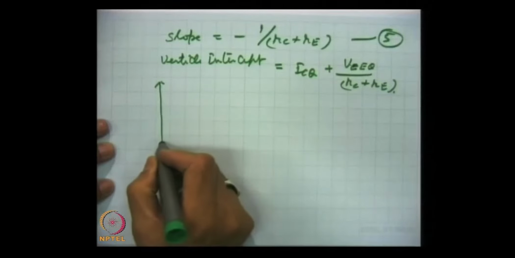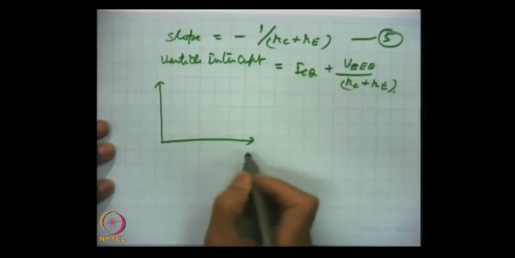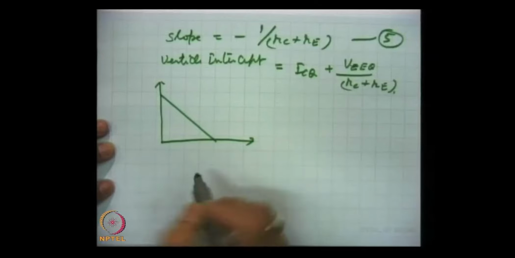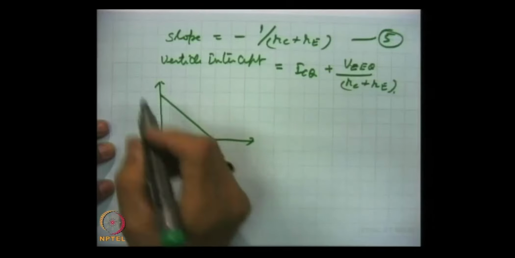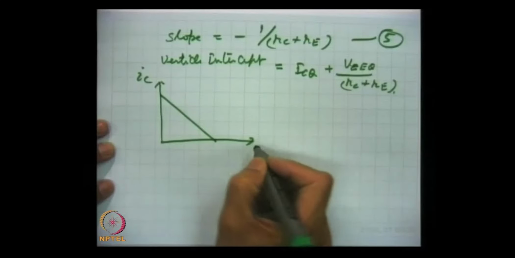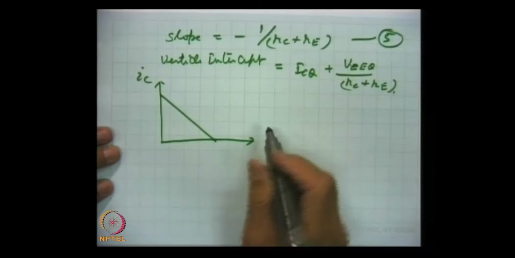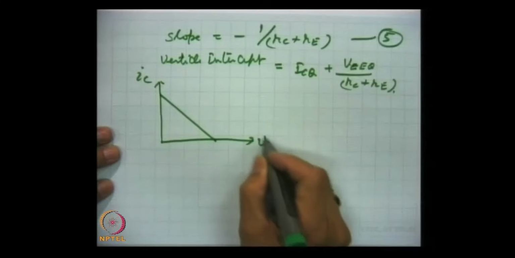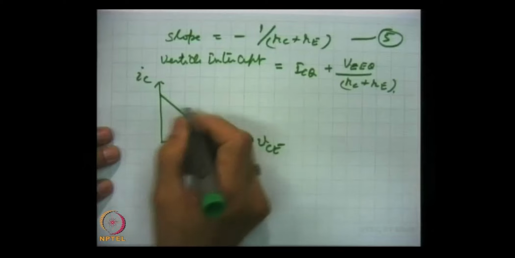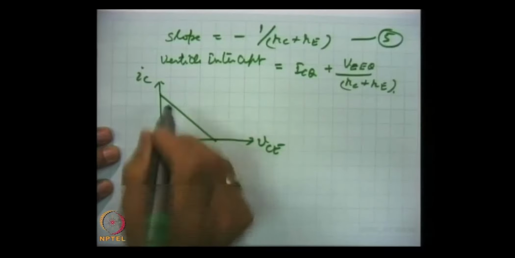This is to be finally plotted on the output characteristics, but this is the load line, the AC load line, where this is IC and this is VCE, and the operating point we will talk about a little later.